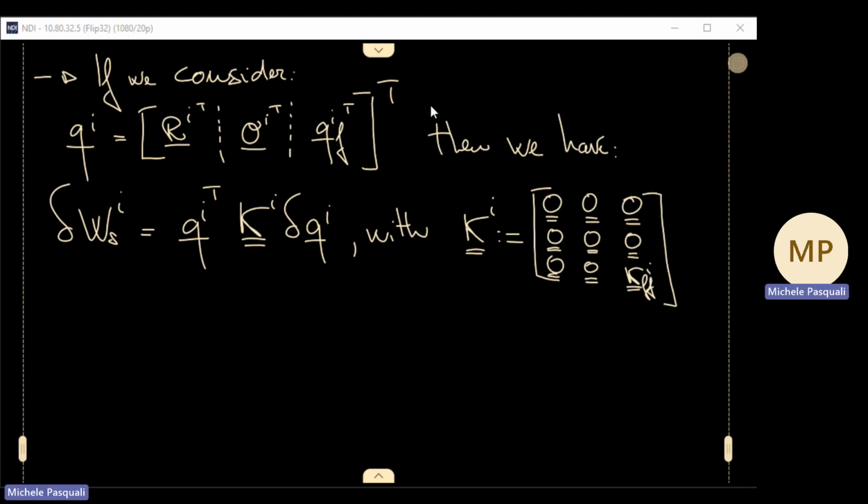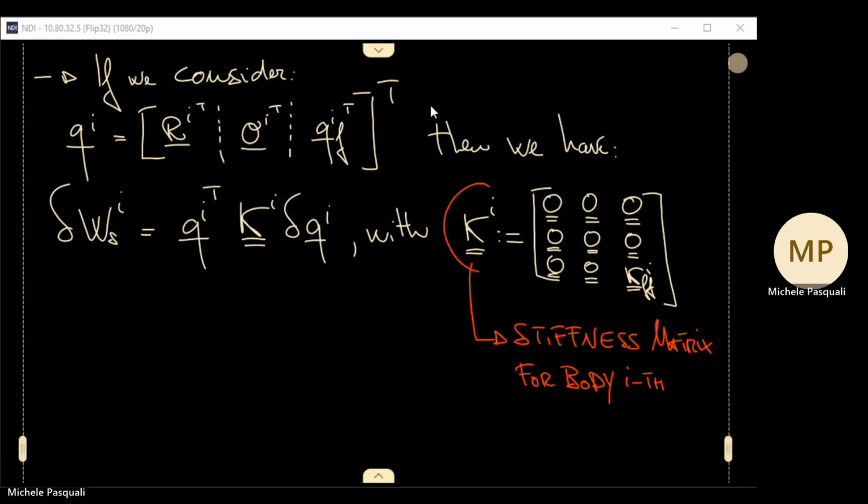Okay, and this is the stiffness matrix for body I.